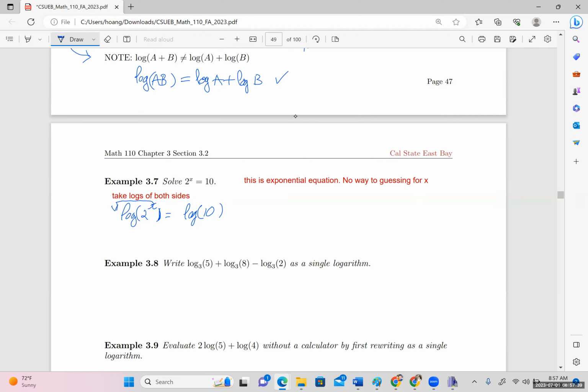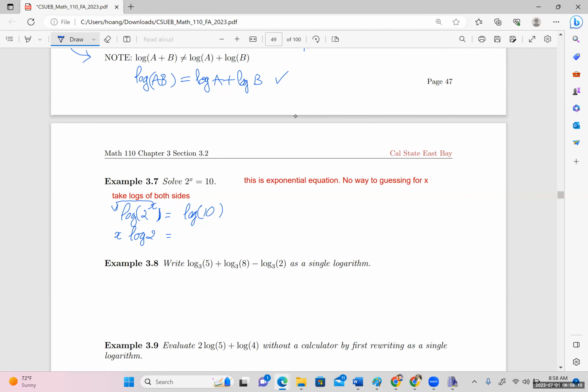This is a cool property because the exponent now moves down, so I don't have to worry about trying to guess the exponent anymore, right? So I have x times log base 10 of 2.